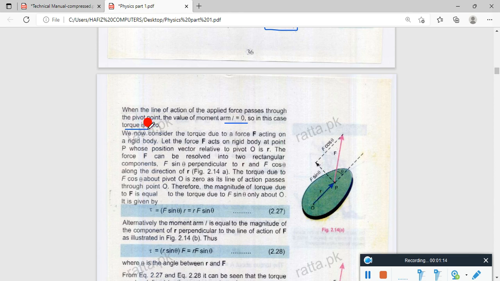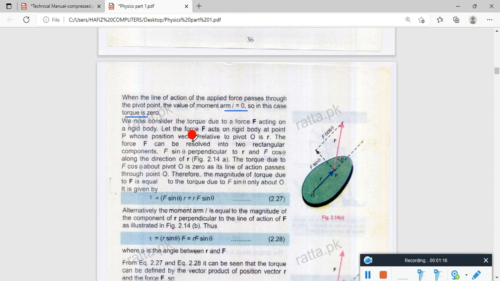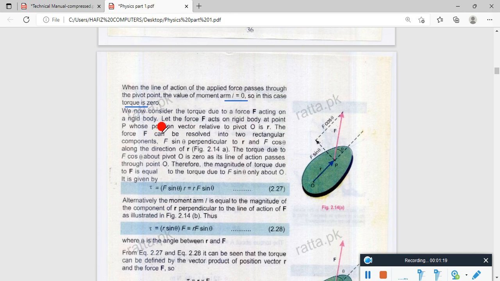We now consider the torque due to a force F acting on a rigid body.